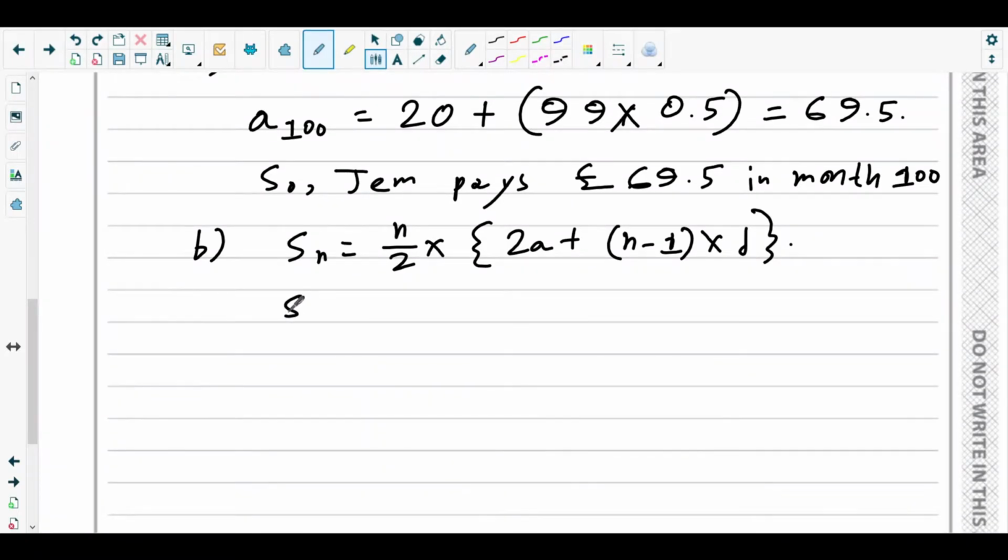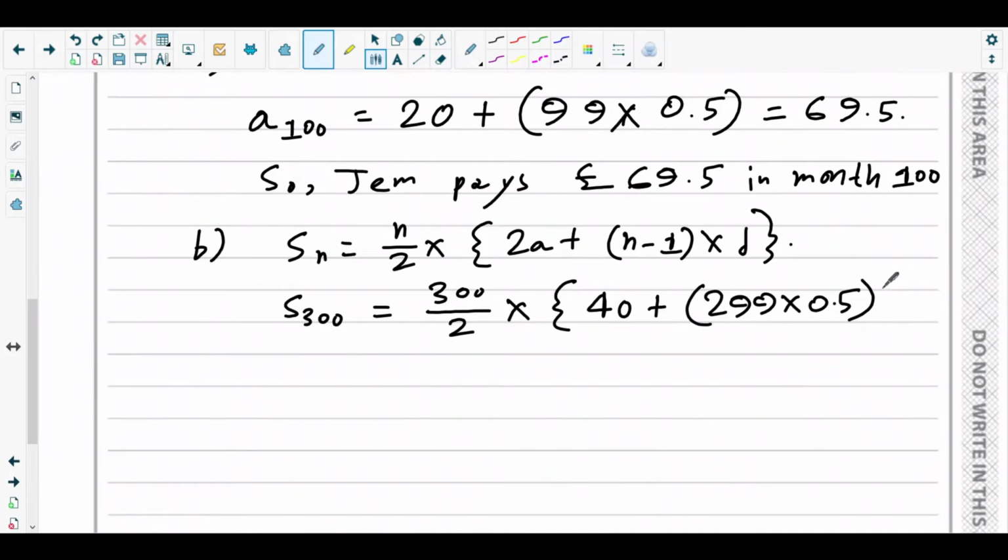So we need the sum of 300 terms. It will be 300 over 2 times twice a, which is 40, plus n minus 1, which is 299, times d, which is half.